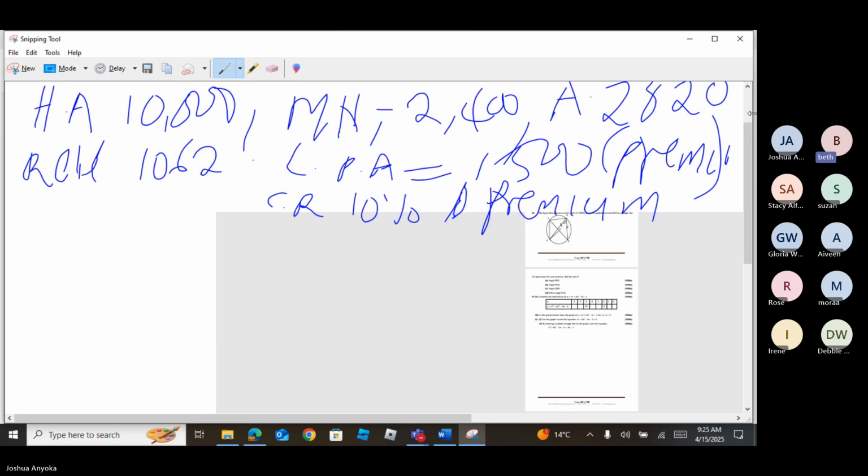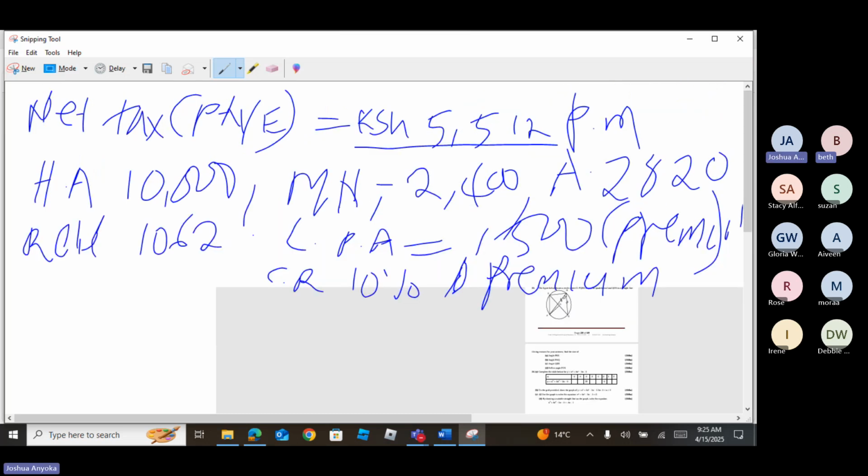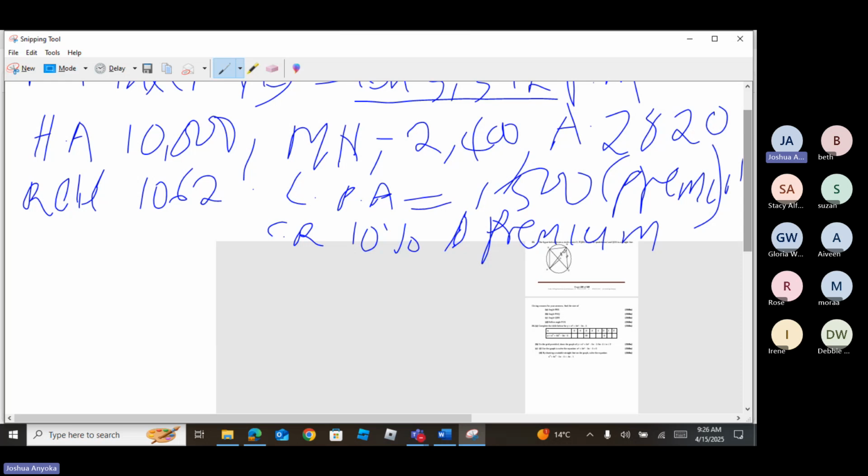The first question says calculate Mr. Hamisi's monthly basic salary in shillings. This is a question on reverse taxation. We start from PAYE upwards. We said PAYE equals gross tax minus reliefs.